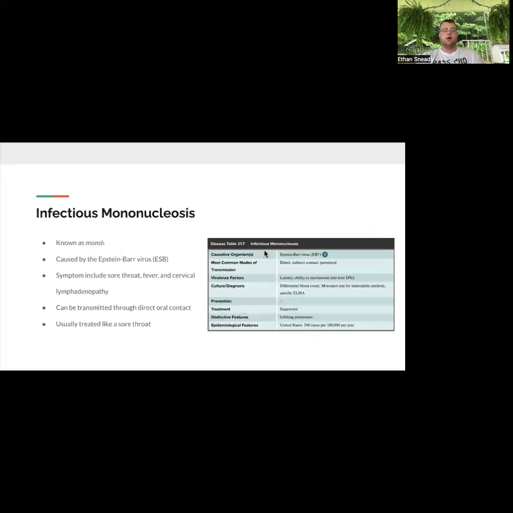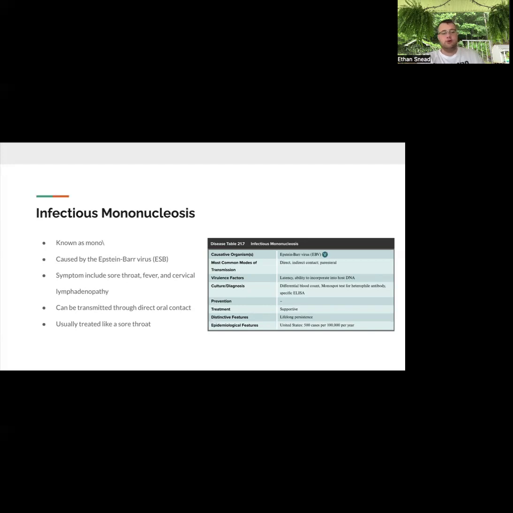And then lastly, we've got infectious mononucleosis. This is also mainly known as mono, and it's caused by the Epstein-Barr virus or EBV, which is a herpes virus that's linked to infectious mononucleosis, Burkitt's lymphoma, and a couple other different infectious diseases as well.